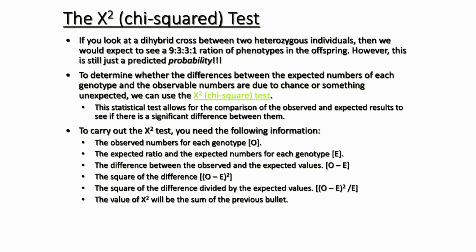Then the square of the difference divided by the expected value. And then the value of the chi-squared will be the sum of all the previous bullet points. So depending on how many genotypes that you're looking at, you would add them all up together.